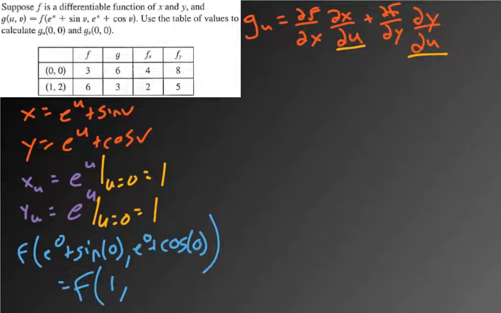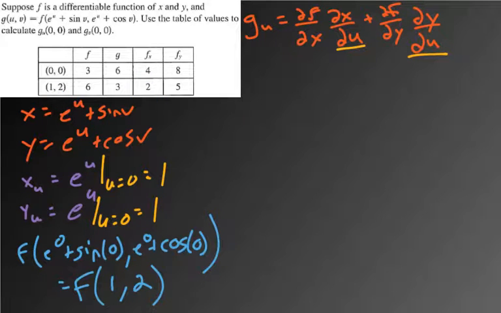And then e to the 0 is 1, cosine of 0 is 1, so 1 plus 1 is 2. Basically that tells us what x and y are, right? x is 1 and y is 2 at this uv point here. So we really actually want f with respect to x at 1, 2, so this right here.